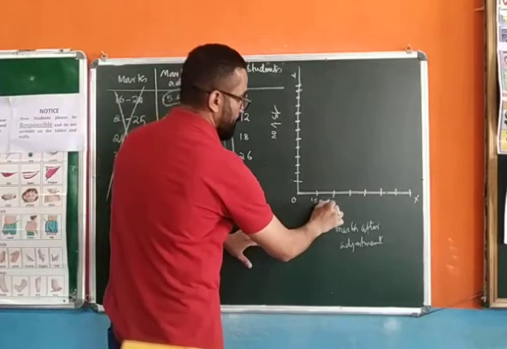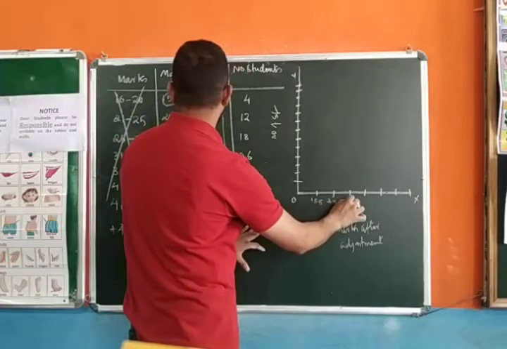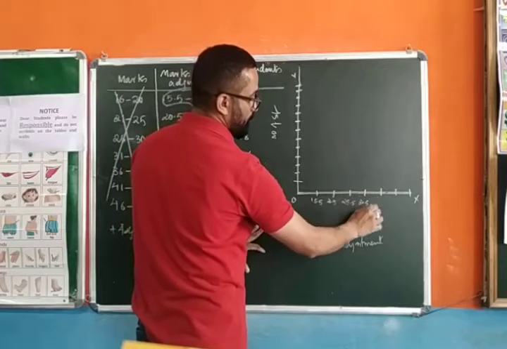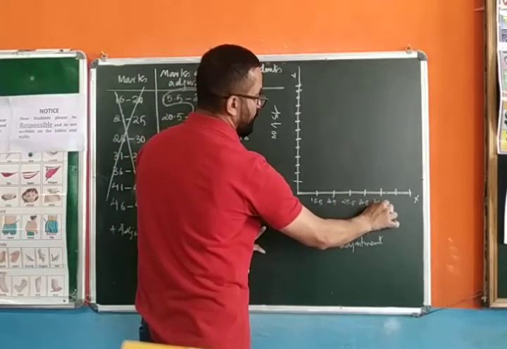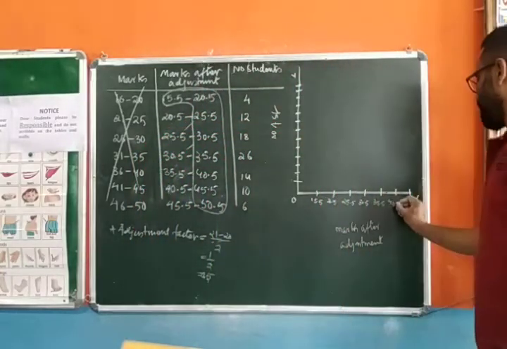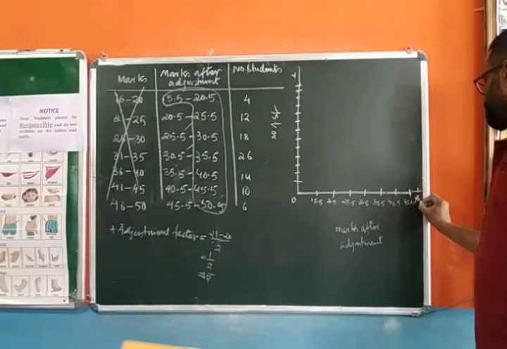Along the x-axis you have 20.5, 25.5, 30.5, 35.5, then 40.5, 45.5. Last one is 50.5.